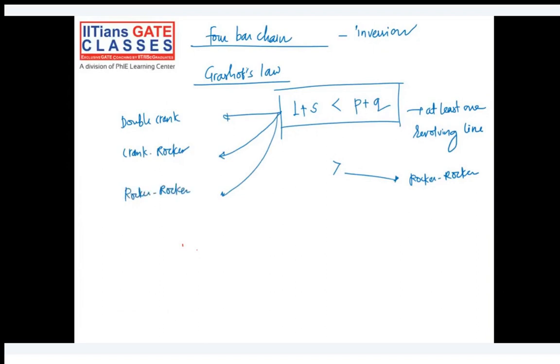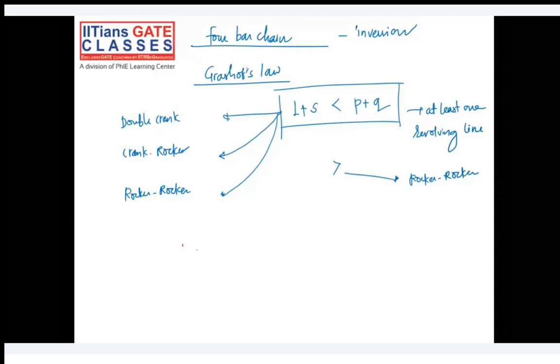Okay, so basically, if you fix any of the links adjacent to the smallest link, then you will get a crank rocker mechanism. Okay, if you remember, if you fix any link which is adjacent to the smallest link, then you will end up with a crank rocker mechanism. Or if you fix any link opposite to the shortest link, then you will get a rocker mechanism.